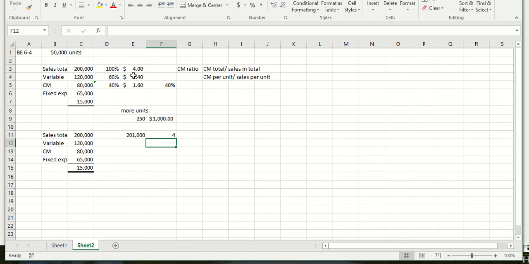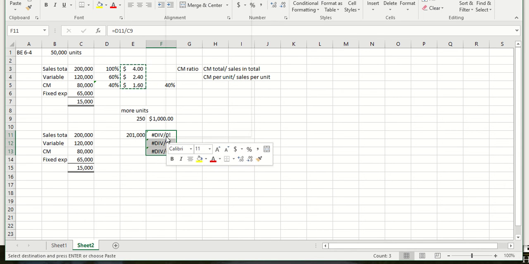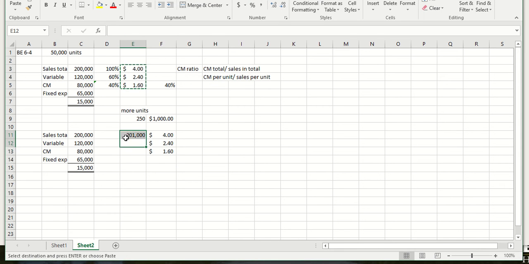So we could move these down here and paste these, and double check our math. $4 times 250 units plus the original 50,000 units. Yep, it did work out.